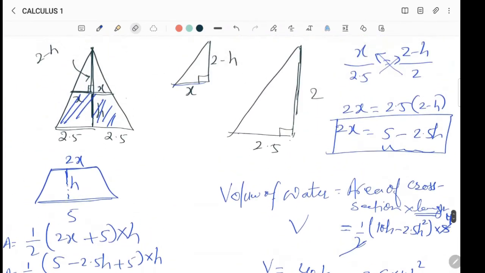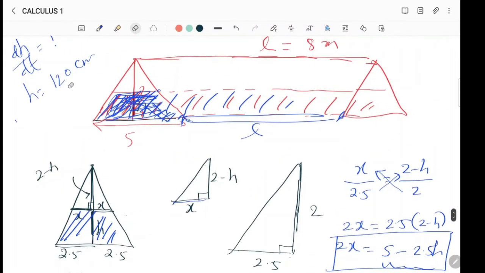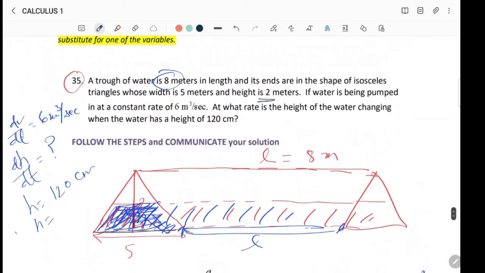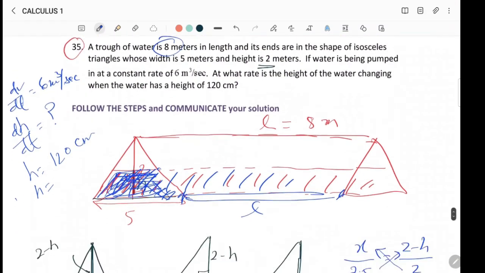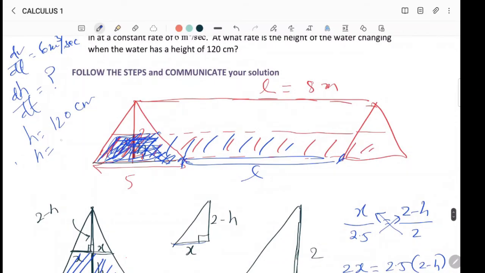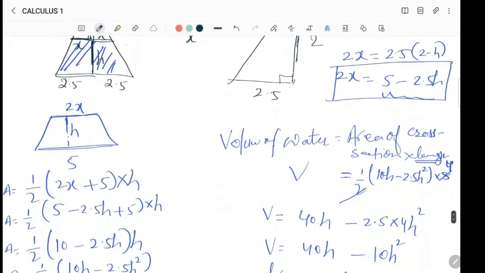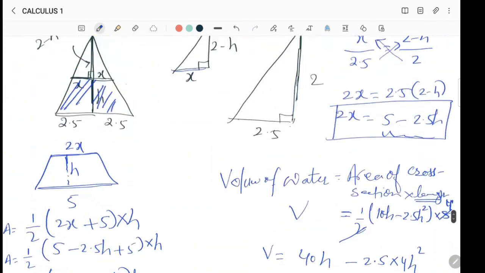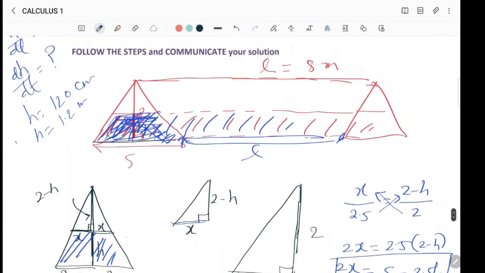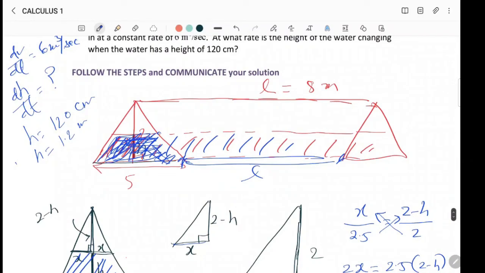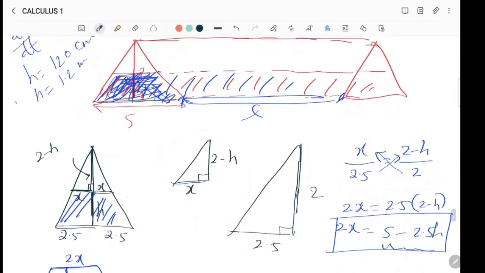So what's the height, guys? Height is 120 centimeter, right? But we need to deal with meters because this is for meter cube. So divide by 100, so 1.2 meter we will get. So dV over dt is 6 meter cube per second and height is 1.2.